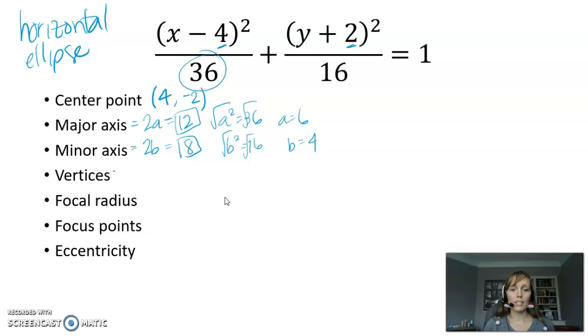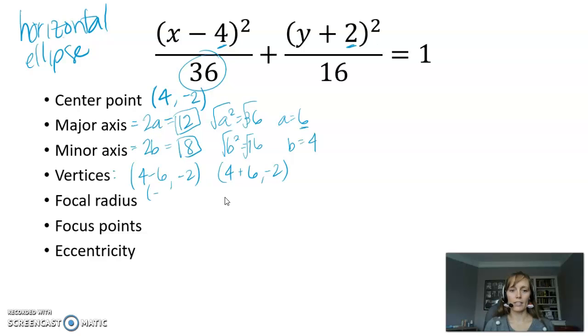So for my vertices on the horizontal side, the major axis side, I know that it's a distance of 6 units. And so that is going to mean that I subtract 6 from the x value, and then I add 6 to the x value, not axis, sorry about that.